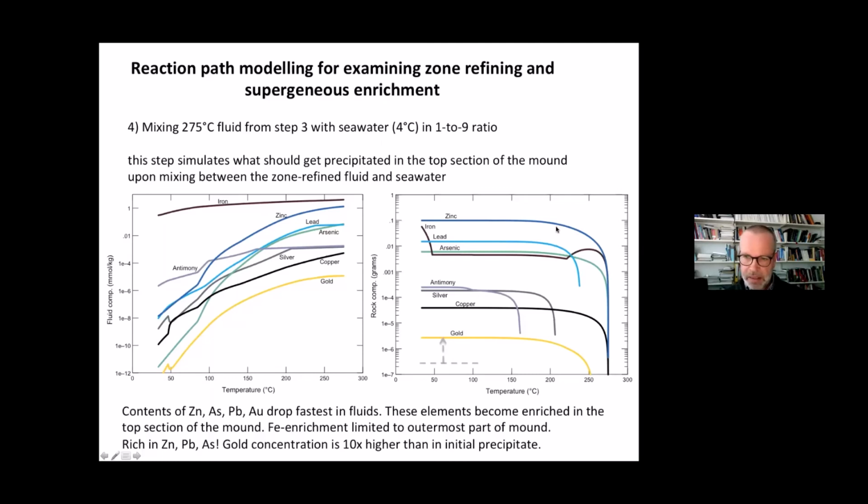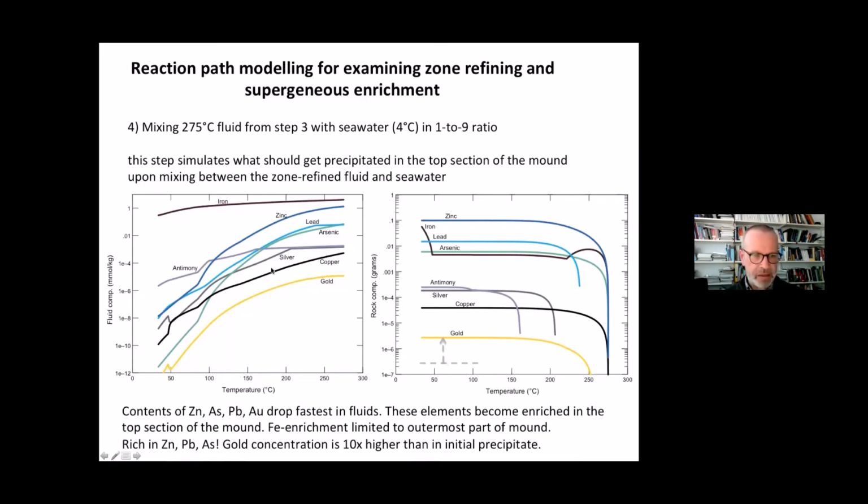You can see that copper, for example, just goes a little bit up, but zinc goes up a whole lot. Lead also. Iron, not so much. Arsenic goes up, and then antimony and silver also go up, and gold goes up. And eventually, the gold concentration in the top section of the mound is predicted to be an order of magnitude higher than what we had in the initial precipitate.